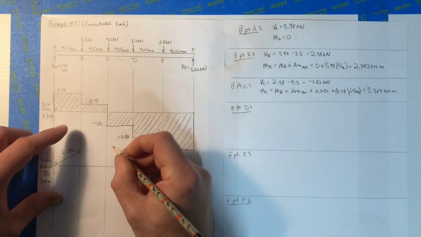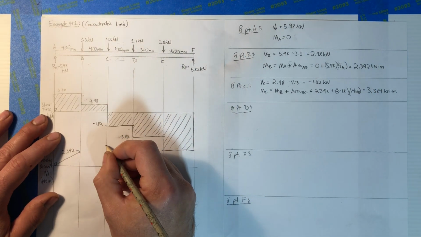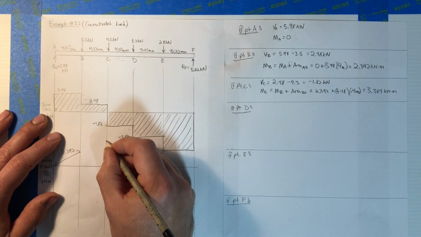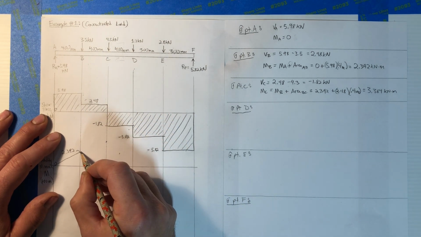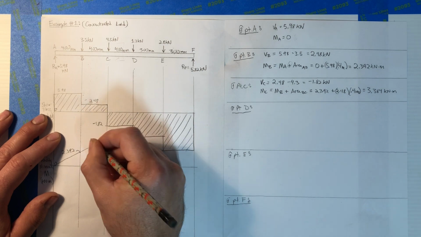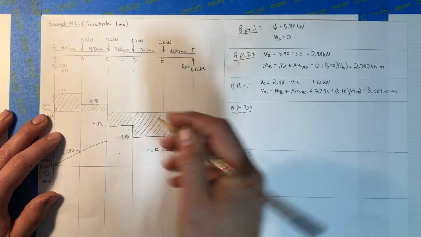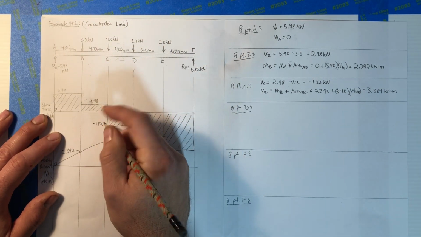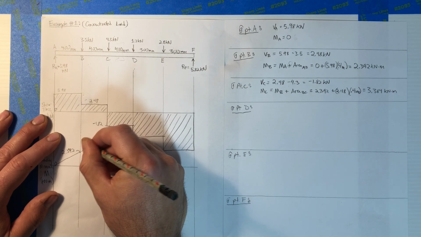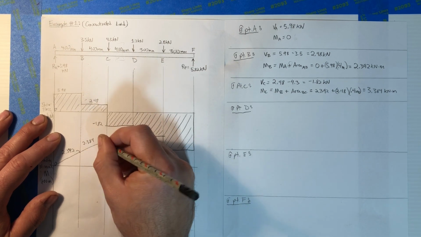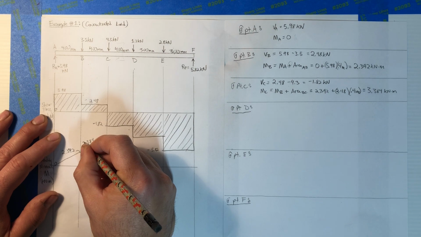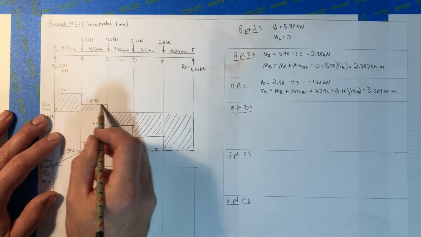That's my next point. This is 2.392. We better be here. We're going to go up a little higher, and we're going to go a straight line there. Okay? And how you draw it to scale isn't that important. It's just important that you do draw a straight line, 3.384. That's that value right there. Okay? 0 order curve, first order curve, okay?